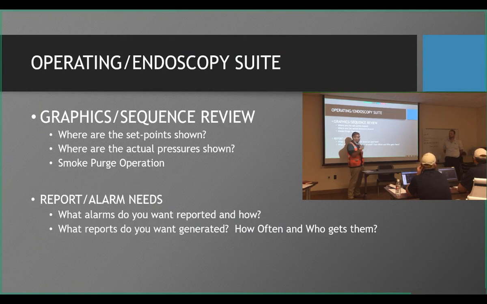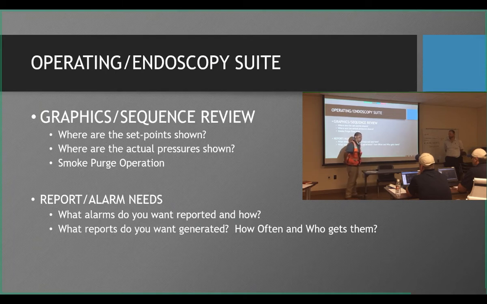Just you and the OR people, or do these guys get it? They will. They don't have it yet. And if I go look at the reports, I'm not sure that Corey has it set up to go to anybody but himself just yet. So temp, humidity, pressure, and air exchanges.